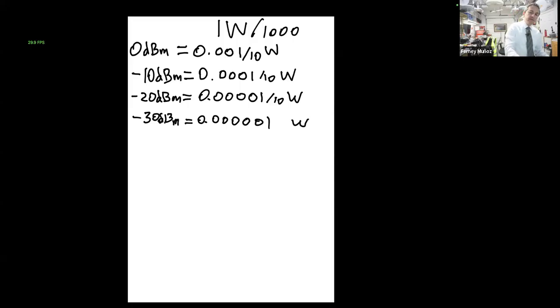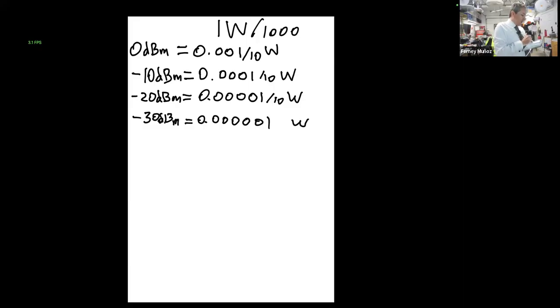Remember, this energy leaves the source really strong, 1 milliwatt. And as those waves propagate and dissipate and attenuate at that rate that we've been talking all morning about, double the distance, quarter the power, they start getting weaker. If the energy is minus 30 dBm, we have 1/1,000,000th of that watt.